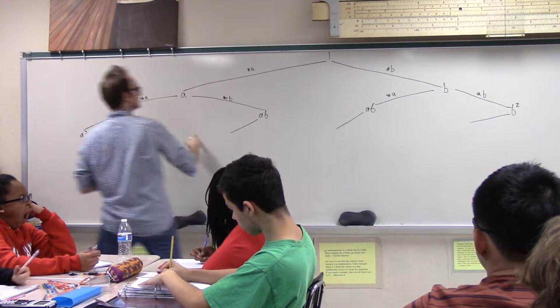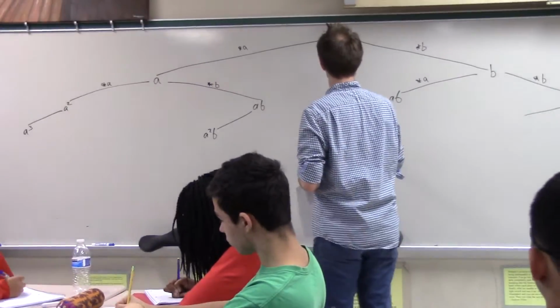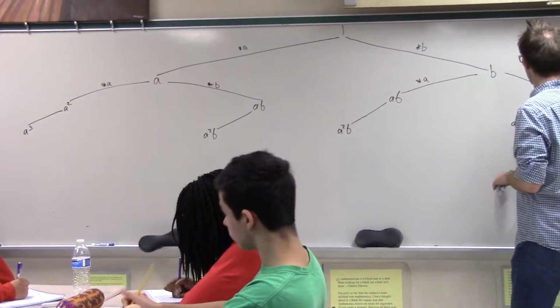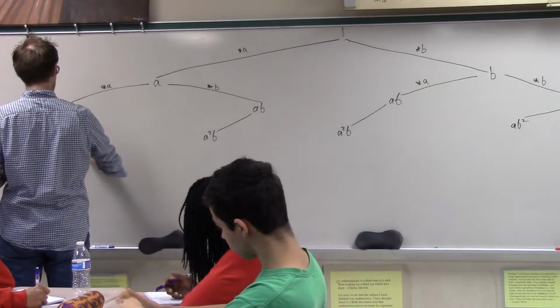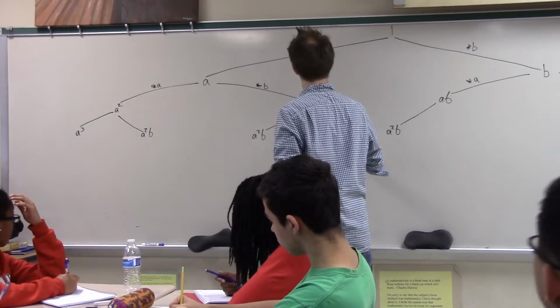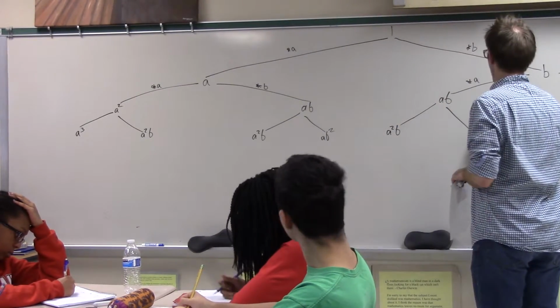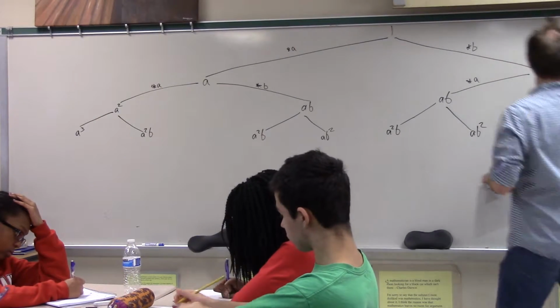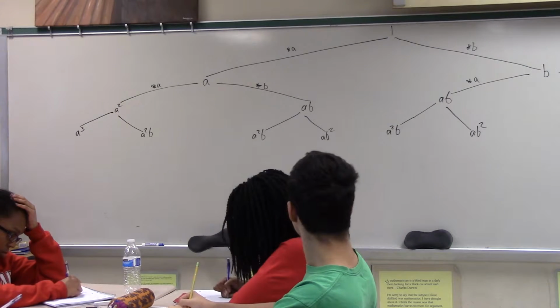So here I get A cubed, here I get A squared B, here I get A squared B, and here I get AB squared. And I'm also going to multiply through by B, giving me A squared B, AB squared, AB squared, and B cubed. Behold, that is A plus B cubed.